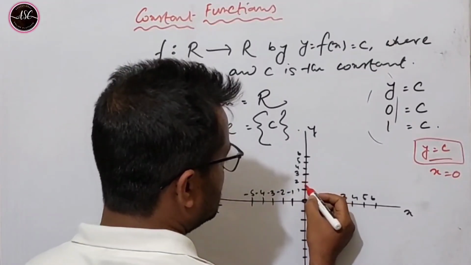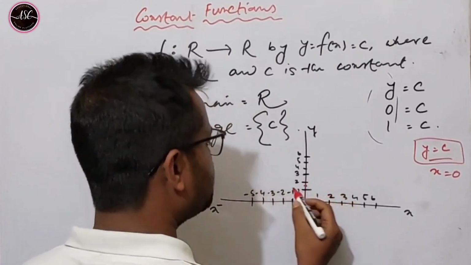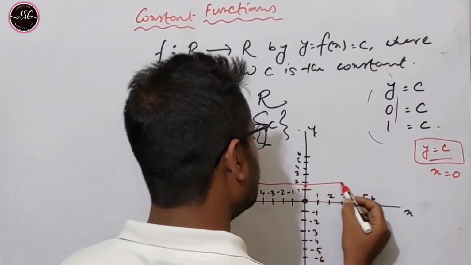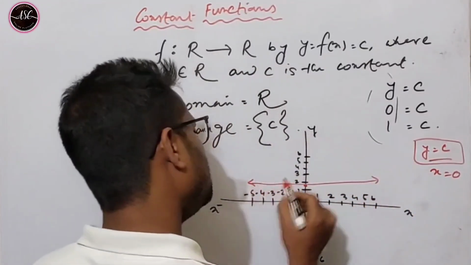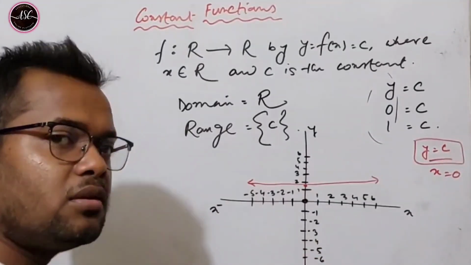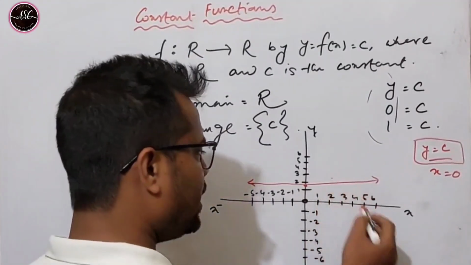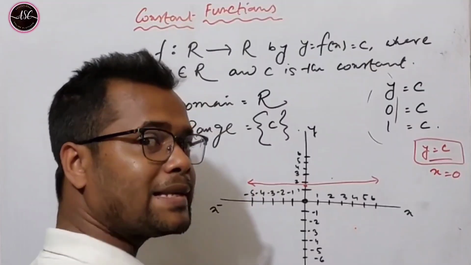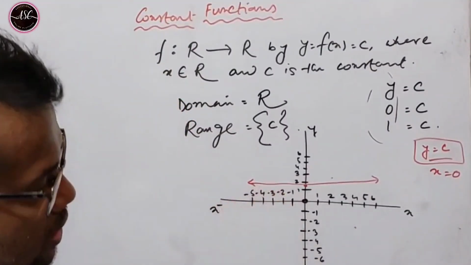Let's assume c is in this position. Then this will be a straight line parallel to the x axis. Okay, the graph will be this type.